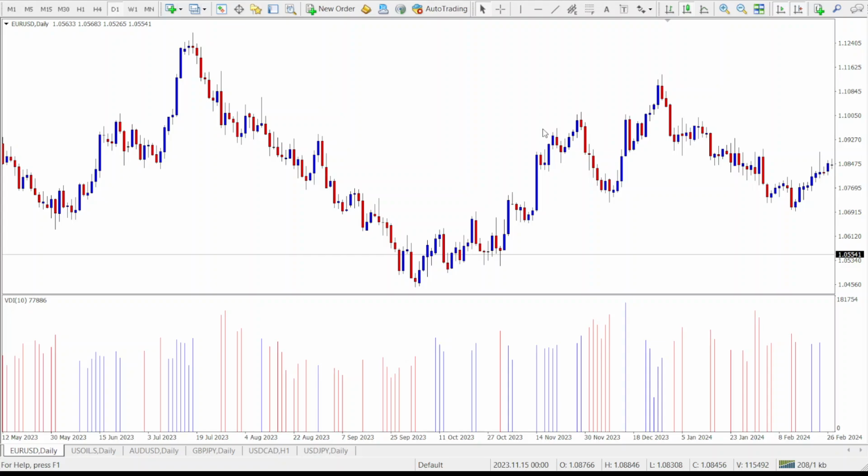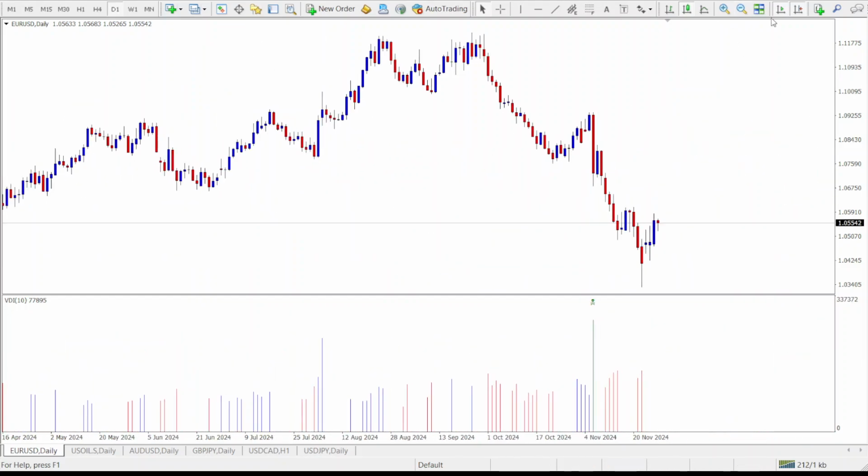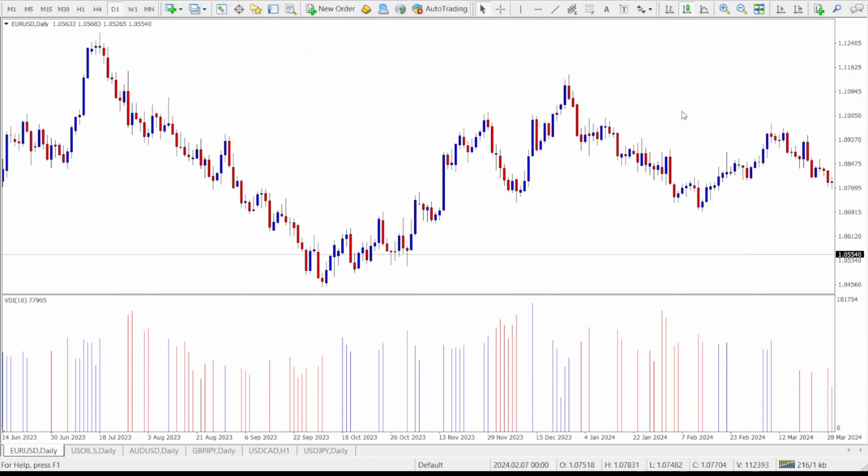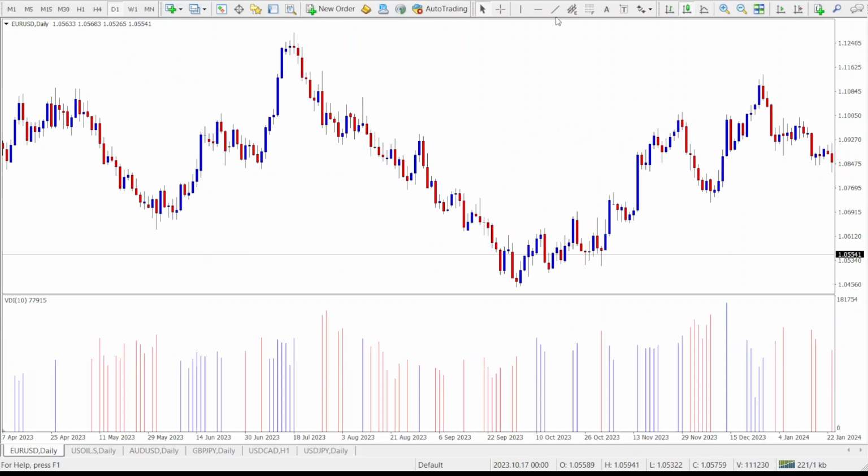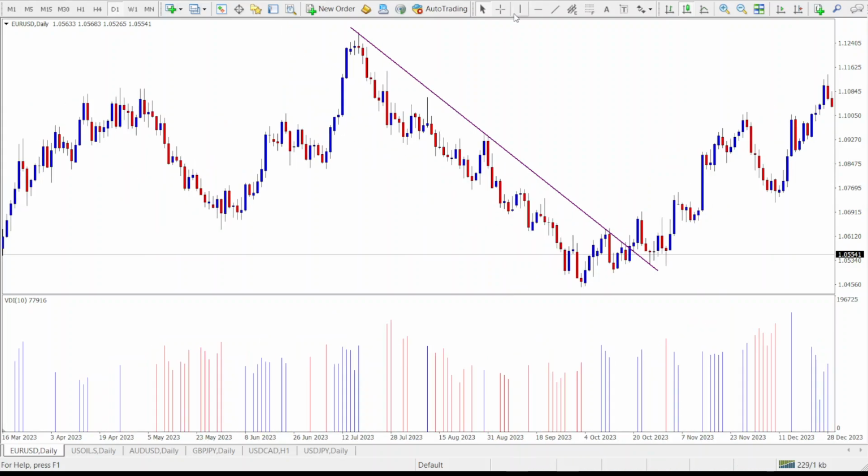Now let us look at some examples on the chart. We can see that we had a sell trend here. This was an obvious sell move. Initially we had an increase in buy volume corresponding with the increase in the price of Euro USD.